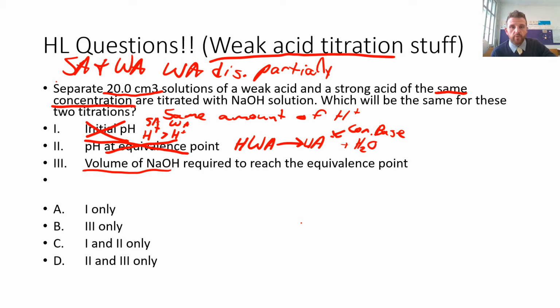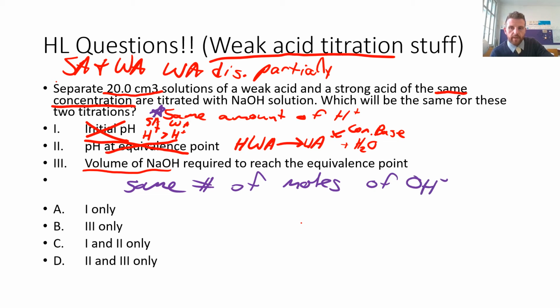Volume of NaOH required, yes. And this is because we have, going back to our original thing, same amount of H plus, so it's going to require the same number of moles of OH minus. So then our answer ends up being 3.